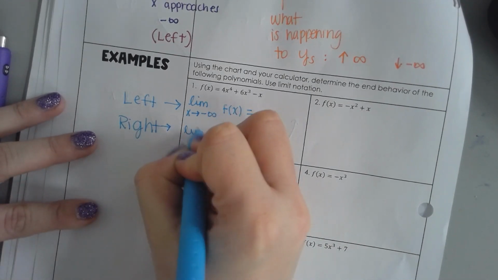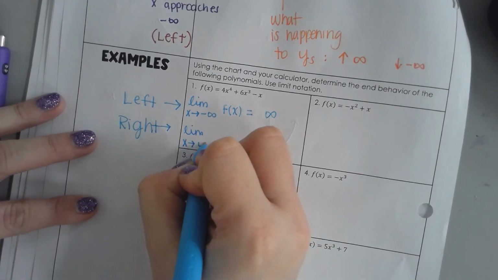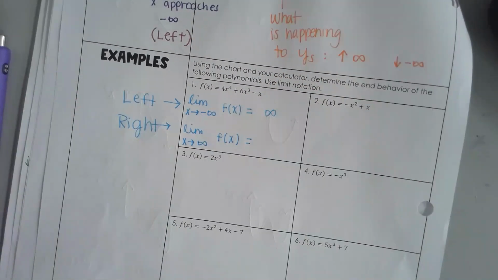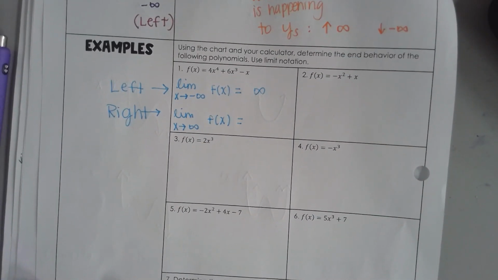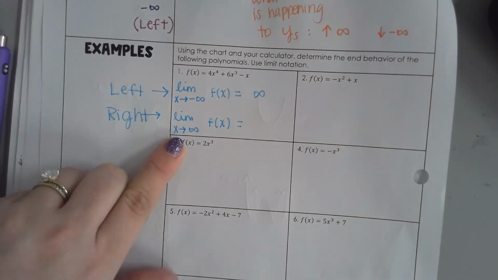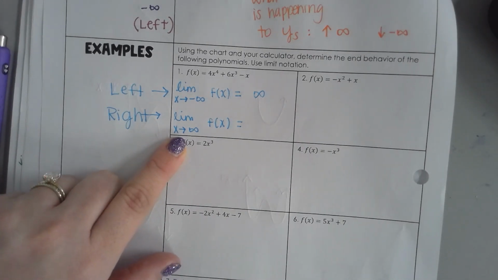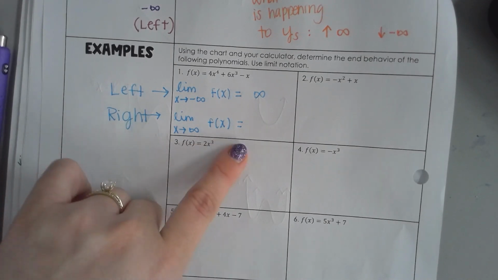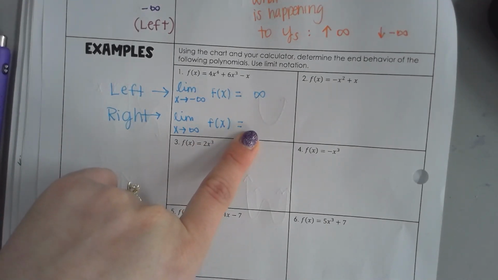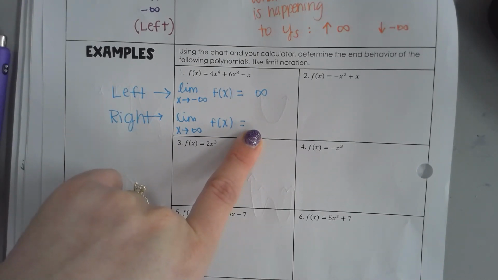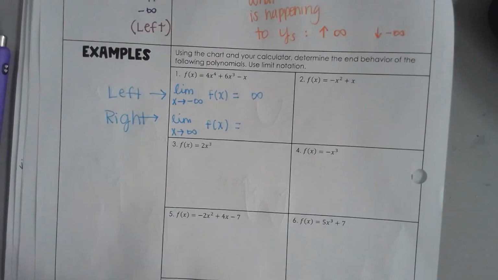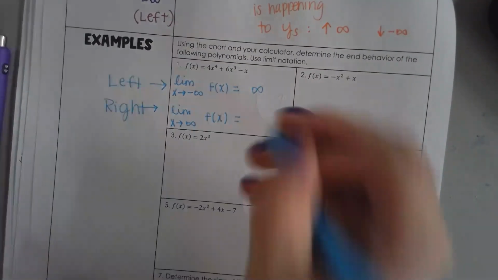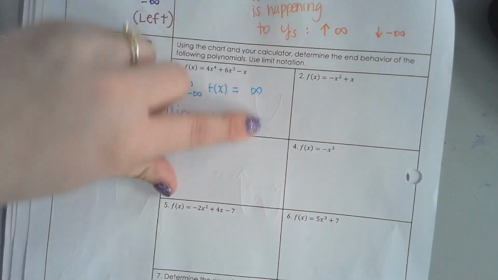The limit as x approaches positive infinity of f of x equals something, positive or negative. Is it going up or down? As x gets bigger, what was the arrow doing on the right side? Pointing up. So it's infinity. Both arrows were pointing up, so they both should be infinity.